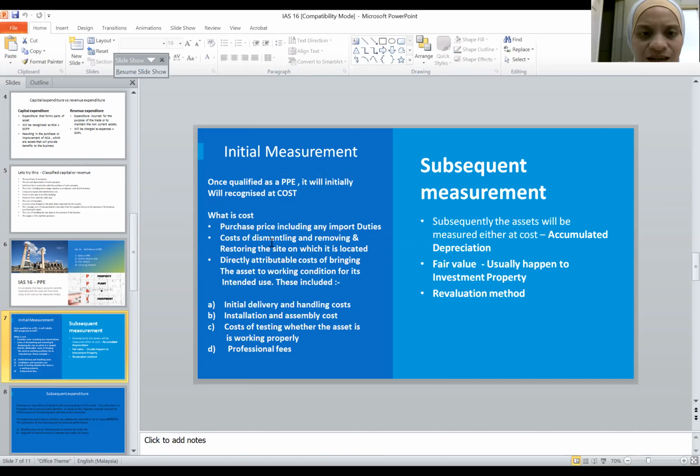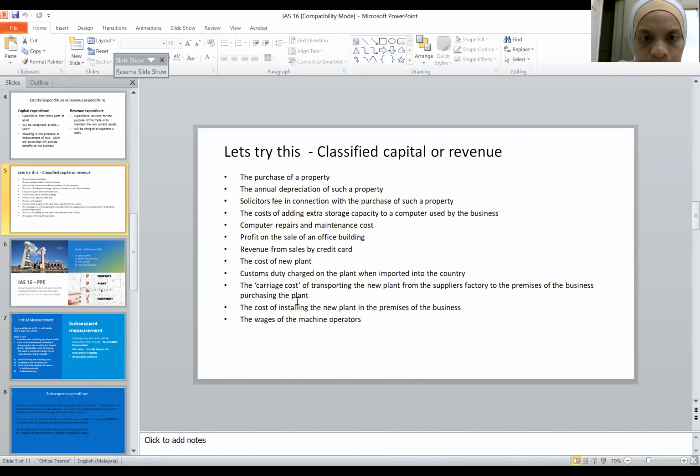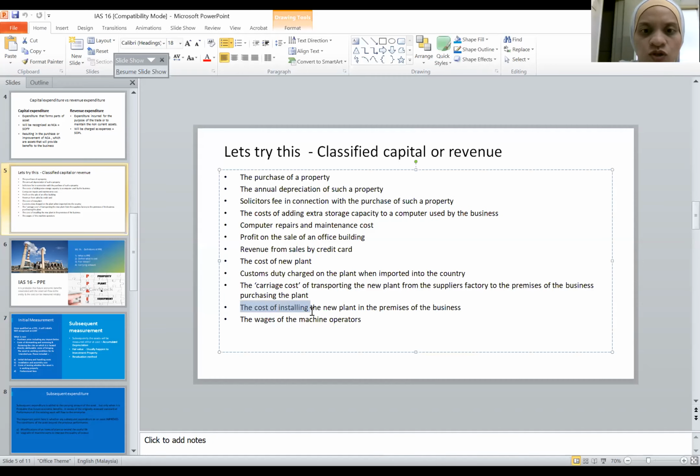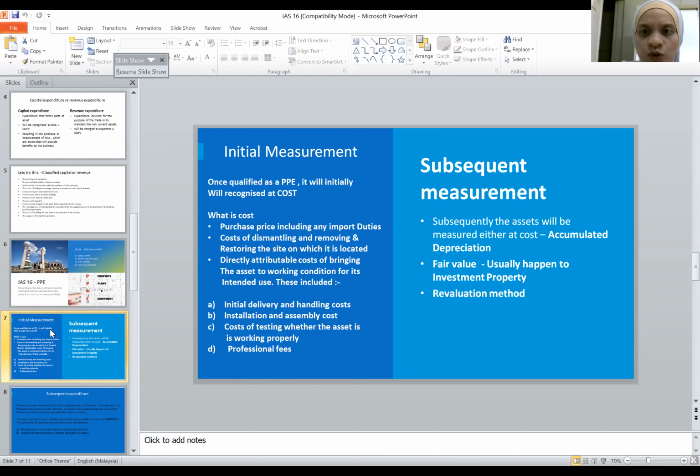Directly attributable cost of bringing the assets to working condition for its intended use. Yang tadi juga, this one, the cost of installing the new plant. Any cost that you incurred in order to make sure the asset is in a working condition.